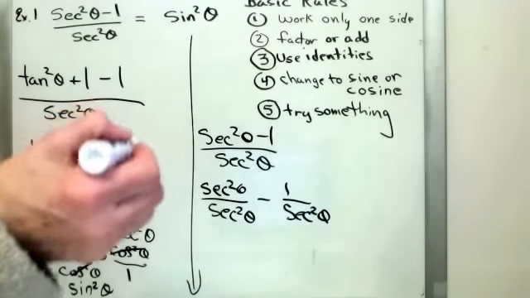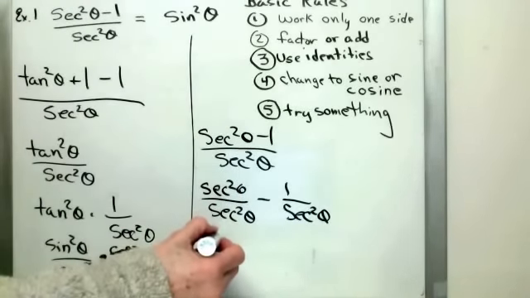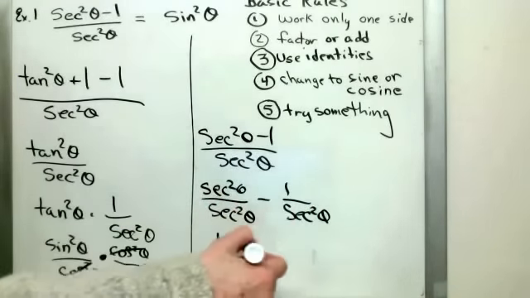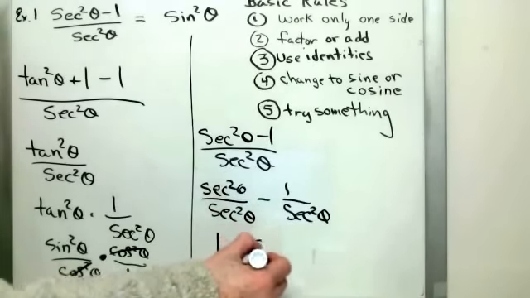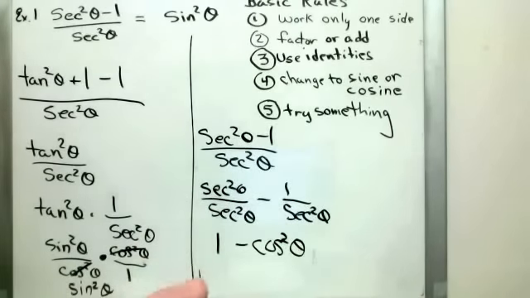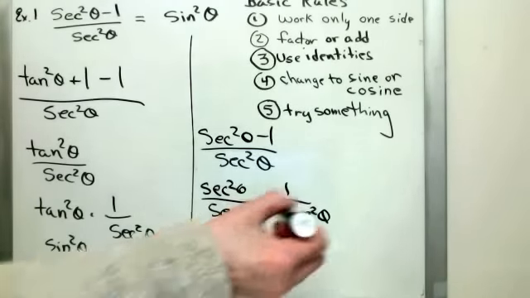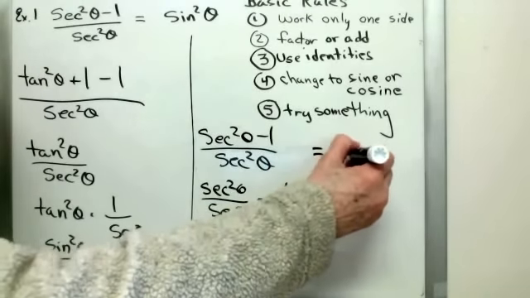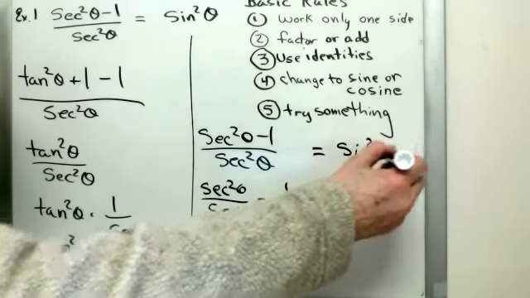What does this become? I hope you noticed it can become 1, and 1 over secant squared theta can be cosine squared theta. Oh, 1 minus cosine squared theta. Sine squared theta. Isn't that what I was trying to get to? Right? Because this started with equals sine squared theta, right?